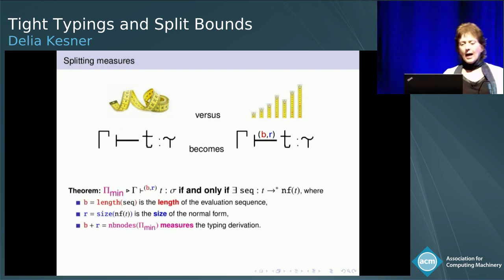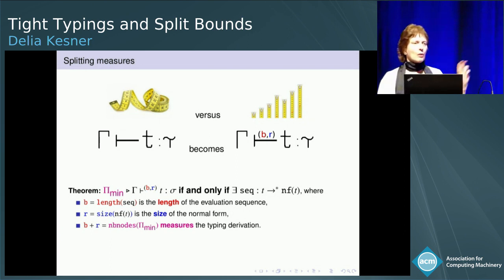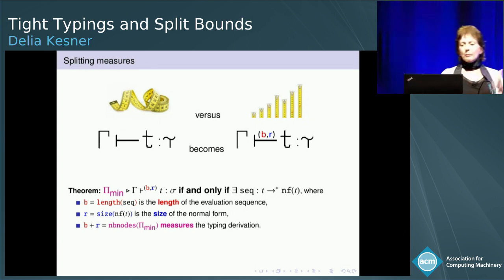And so the kind of theorems that we obtain in the paper for different notions is like the one here. Given a term which is typable by using a notion of minimal derivation, which is called tight in the paper, and using these two counters, the red one and the blue one, being typable in this way is equivalent to being normalizing.